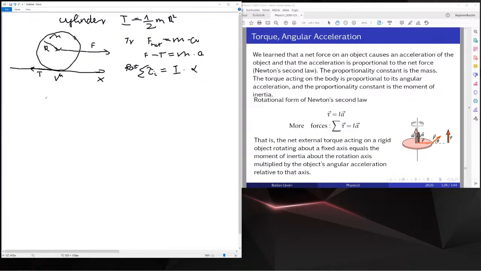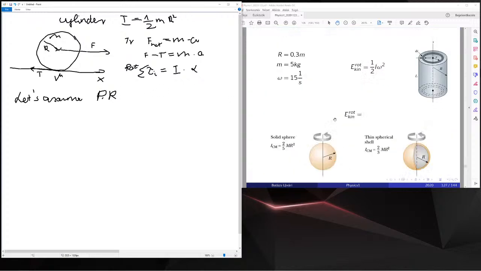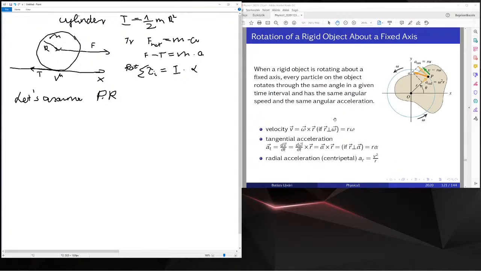All right, and now here comes the hardest part. Let's assume this is pure rolling. What does it mean? Pure rolling means that the velocity and the angular velocity, and acceleration and angular acceleration, are connected by r. That means for pure rolling, the acceleration has to be r times the angular acceleration.